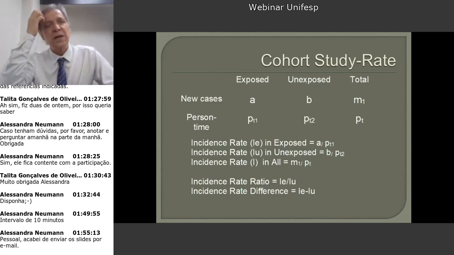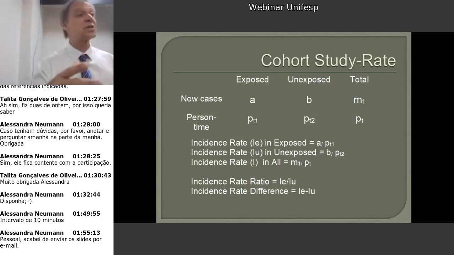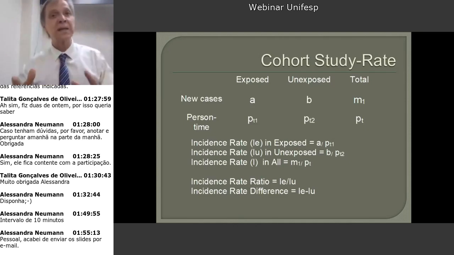But how do I do this? CDC asked me, could it have arisen by chance? I said, first off, remember this: the greater the size, the magnitude of the measure of association, the more unlikely it is that it arose by chance. Something is operating there. In epidemiology, we want to eliminate chance, but we don't believe in chance.